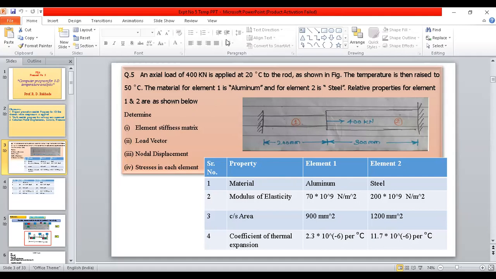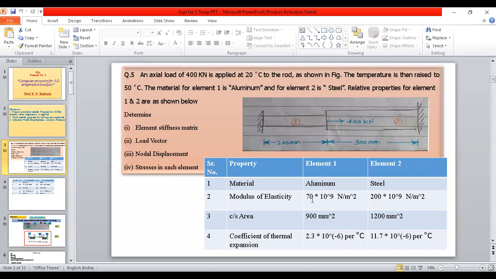Then modulus of elasticity for element 1 is 70 into 10 raised to the power 9 Newton per meter square, and for element 2, 200 into 10 raised to the power 9, or 200 gigapascal and 70 gigapascal. We need to convert kilonewton into Newton and meter into mm.